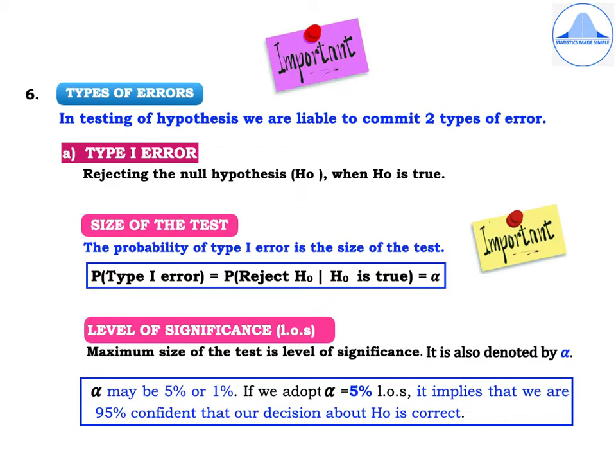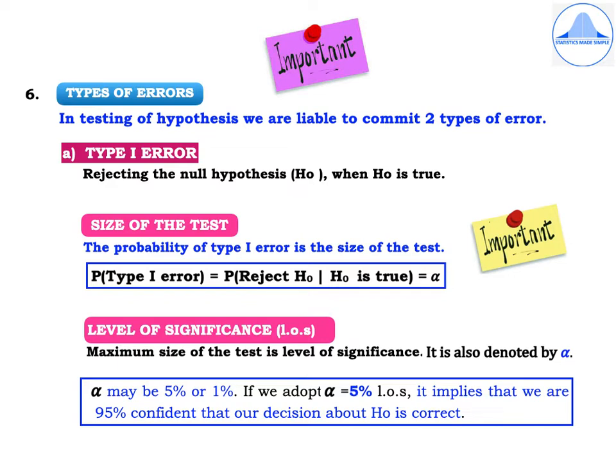Next, we will learn what is the level of significance. It is abbreviated as L.O.S. It is the maximum size of the test and it is also denoted by alpha. So usually in a problem, alpha may be 5% or 1%.